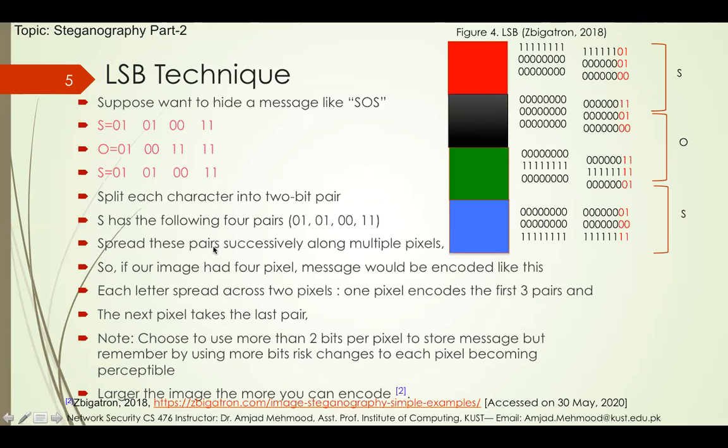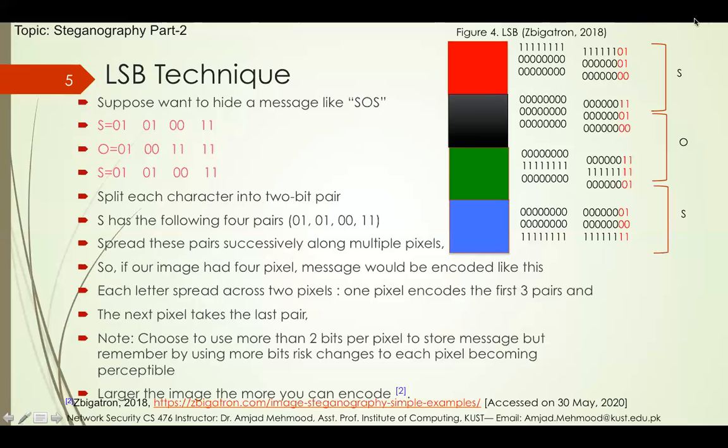Spread these pairs successively along multiple pixels. So if the image had 4 pixels, the message would be encoded like this. For example, if you want to send S, as S is represented in 4 pairs, and each pixel is represented with 3 colors, we will be encoding 2 bits of S in each of red, green and blue.